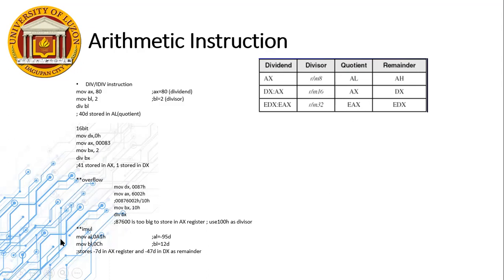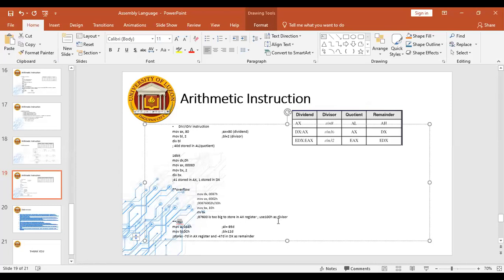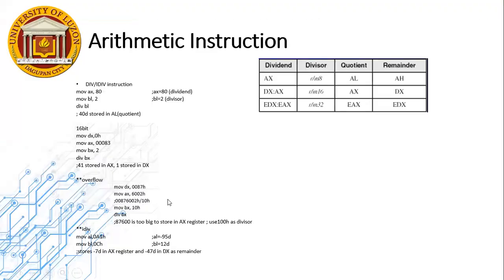So for integer division, I'll be assigning an A1 hexadecimal value to our 8-bit accumulator. And in decimal, that would be negative 95.